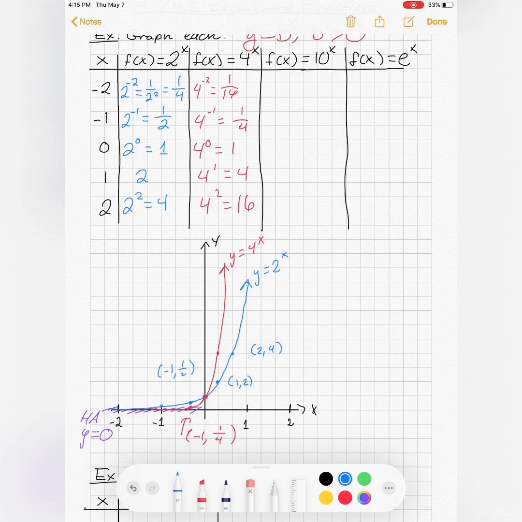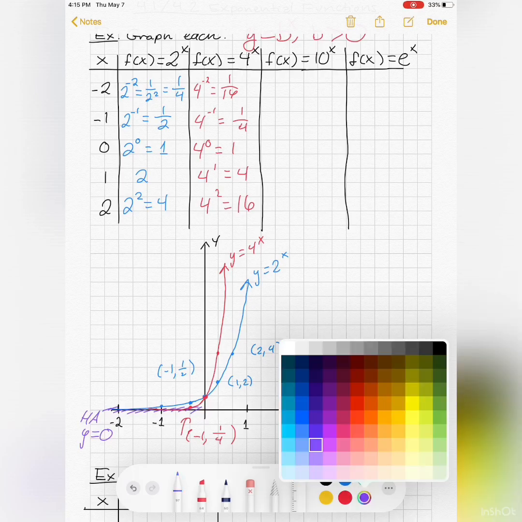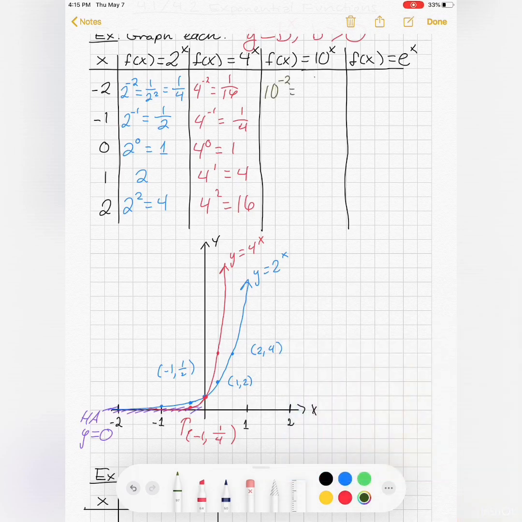Okay, what about 10 to the x? I bet you can guess what that one's going to look like. Get a color for that one. It'll stand out. Let's do a green. Okay, 10 to the -2 is 1 over 100. Okay, let me see if I can at least plot a few of those.